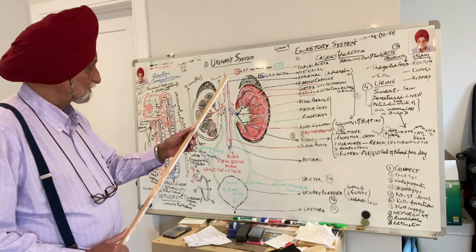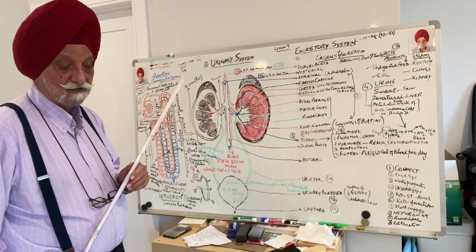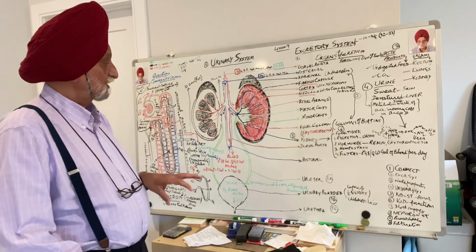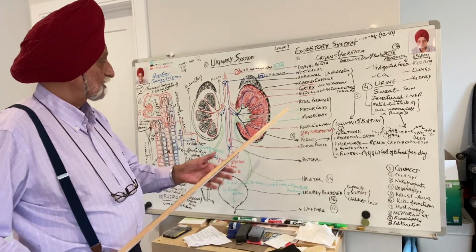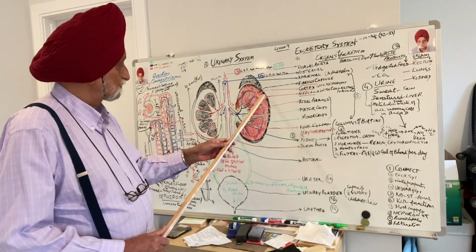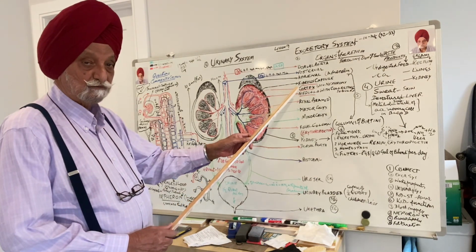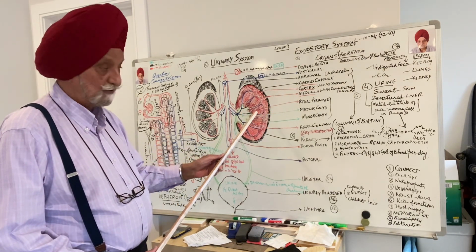And if we cut a section of the kidney to see what is in the kidney, what we see is an outer layer, this black thing, the fibrous capsule, which protects the substance of the kidney.